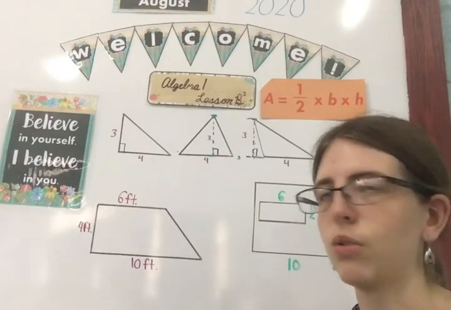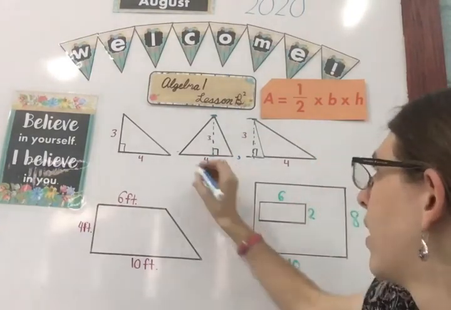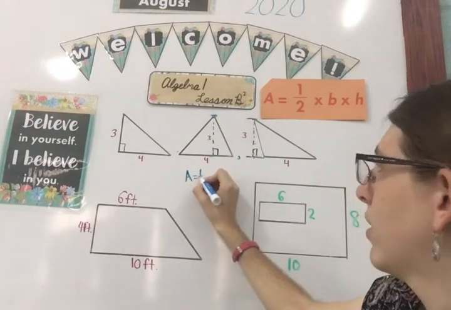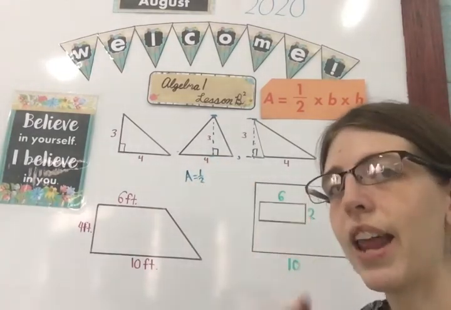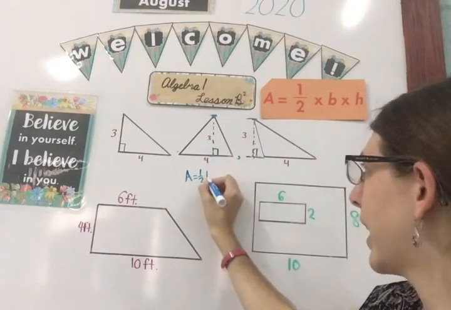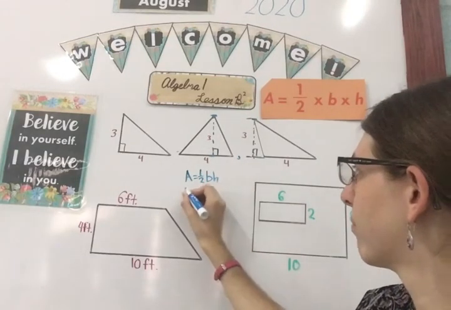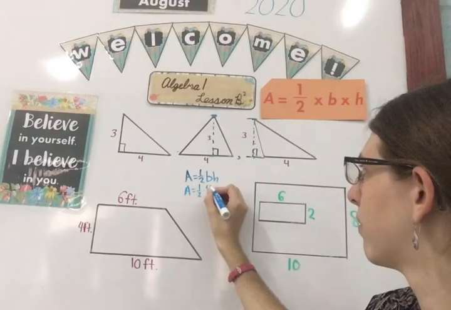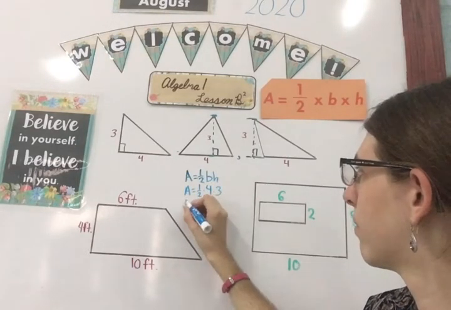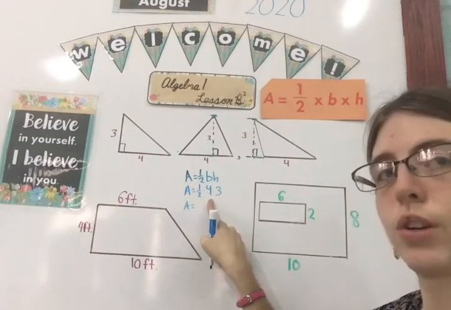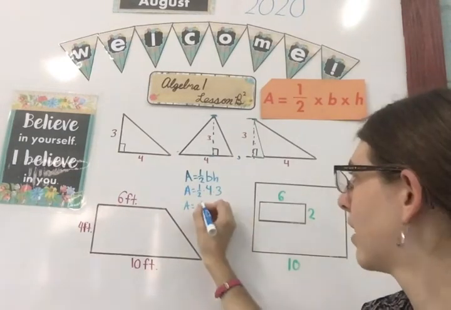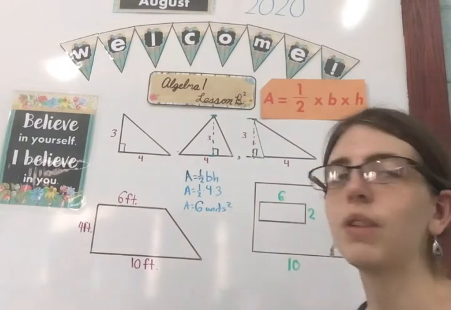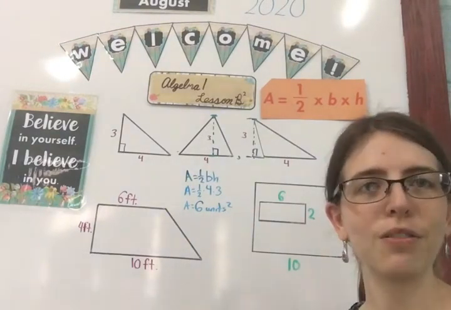So to find the area of these triangles, we write our formula first. Area equals 1/2 times base times height. One half times 4 is 2, times 3 is 6. So your area is 6 units squared. That's all you do for triangles.